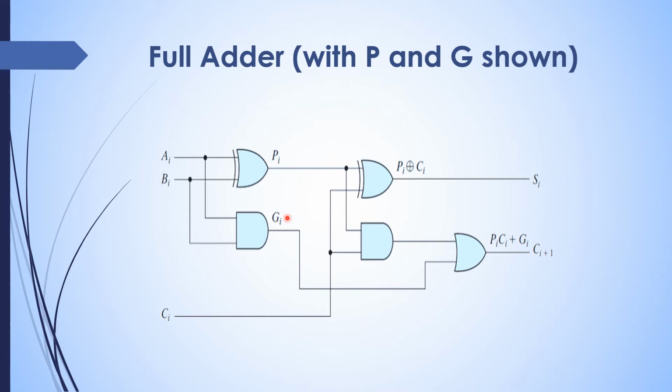These two signals are common to all half adders and depend only on the input augend and addend bits. The signal from the input carry Ci to the output carry Ci plus 1 propagates through an AND gate and an OR gate, which constitutes two gate levels.